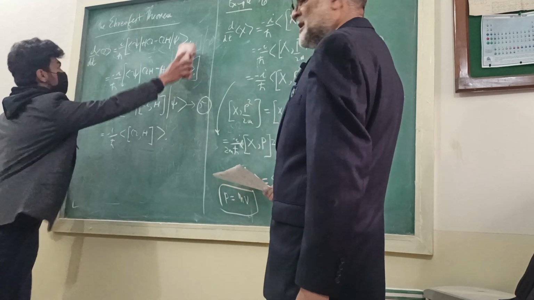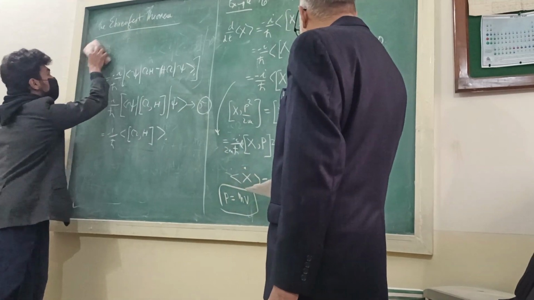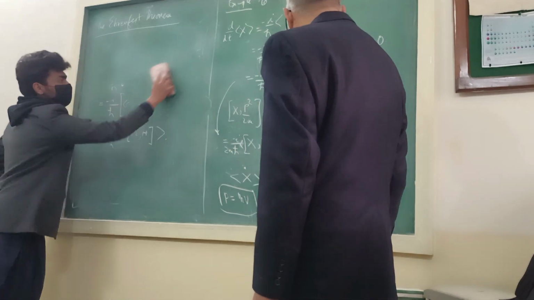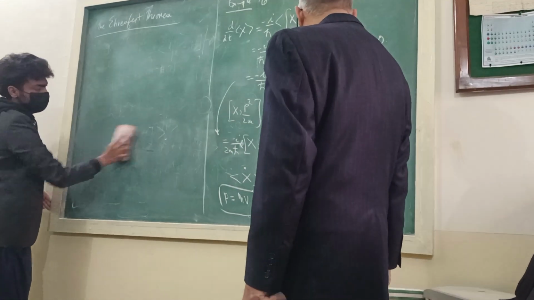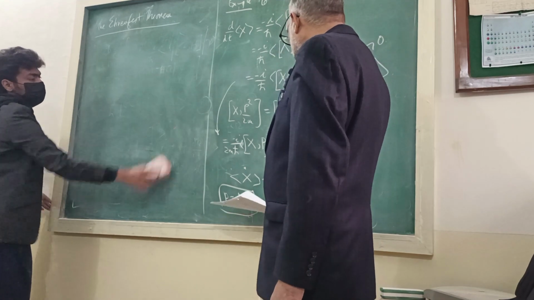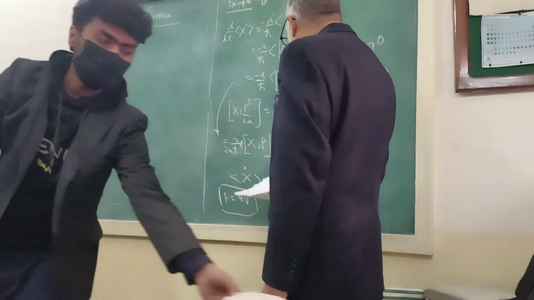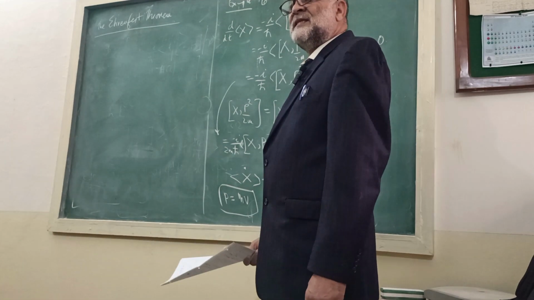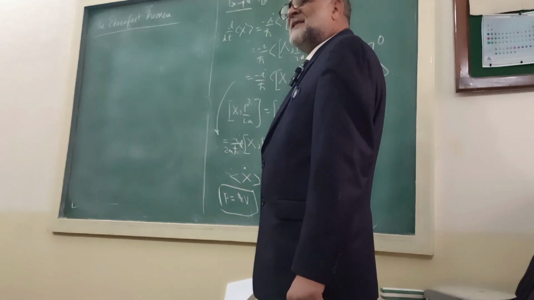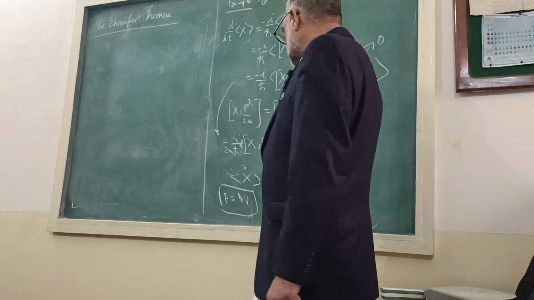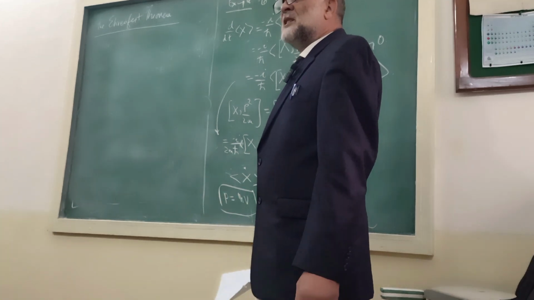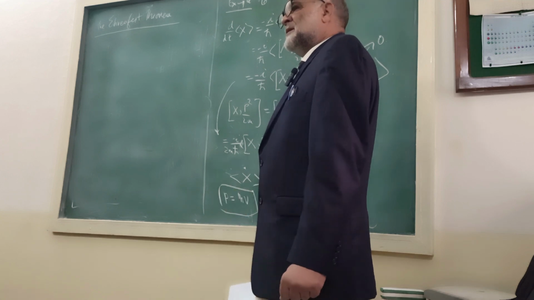X dot expectation value is equal to p by m, so the velocity is equal to p by m. p is equal to mv, which is a classical equation. You know it.